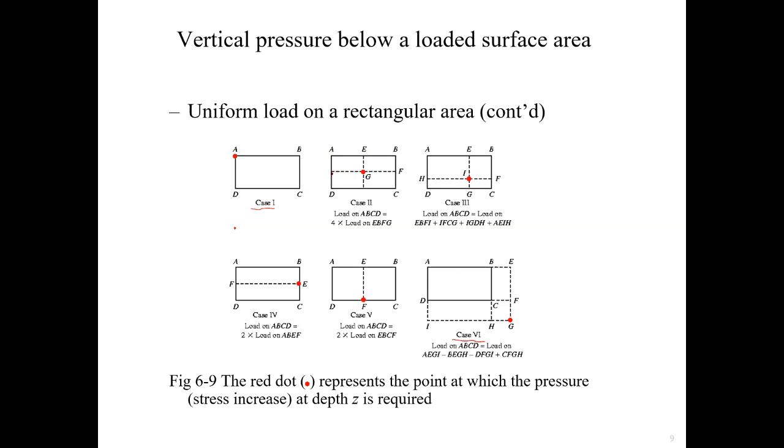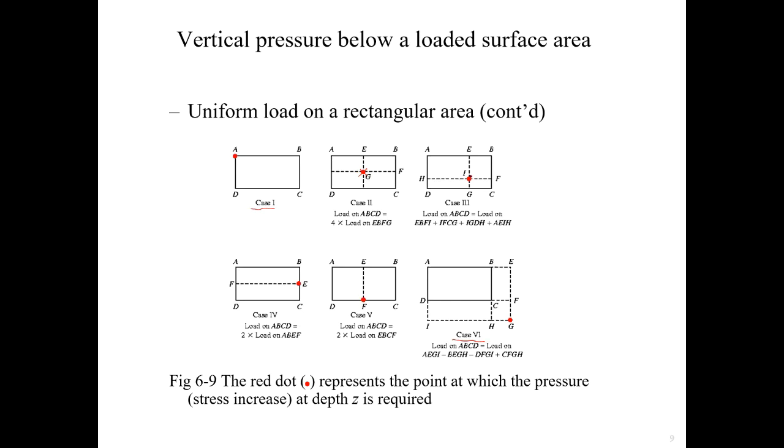So we have to split this big rectangle into 4 small rectangles, so this point will be the corner of each small rectangle. Once we calculate the stress increase for the 4 small rectangles, you can add all 4 values together. That gives you the stress increase for the center of the rectangle.